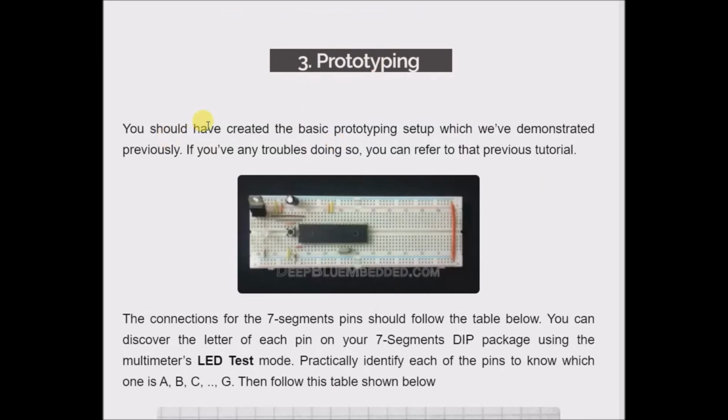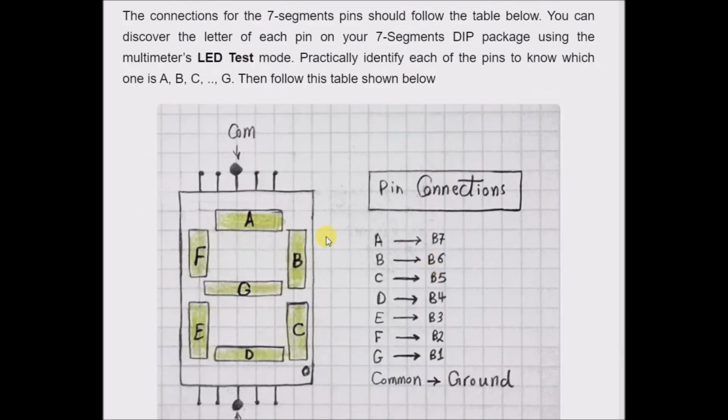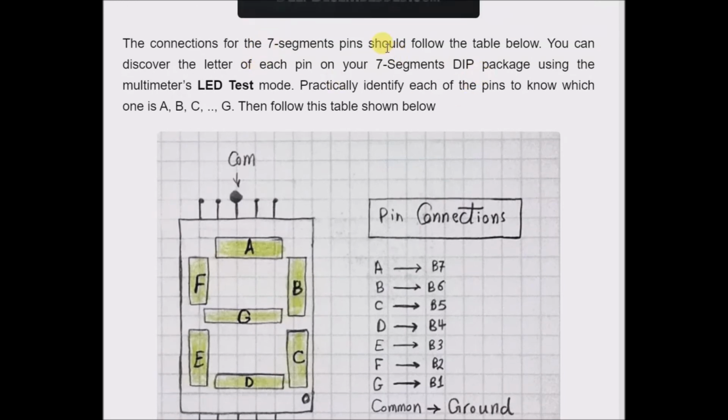Prototyping. You should have created the basic prototyping setup, which we've demonstrated previously. If you've any troubles doing so, you can refer to that previous tutorial. The connections for the 7 segments pins should follow the table below. You can discover the letter of each pin on your 7 segments DIP package using the multimeter's LED test mode.